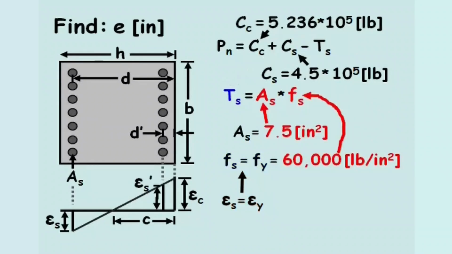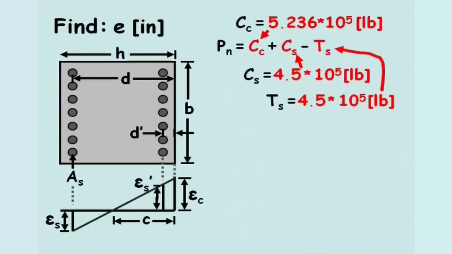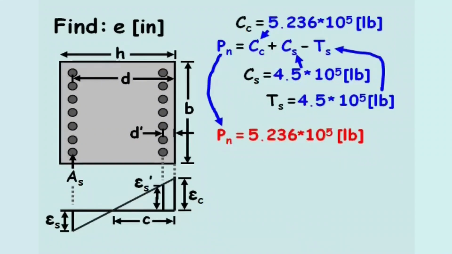This makes the tensile force in the tension steel equal to 4.5 times 10 to the 5 pounds. Now we can solve for the nominal axial force, Pn. It turns out that the tensile and compressive forces in the steel cancel each other out, and the nominal axial force, Pn, equals 5.236 times 10 to the 5 pounds.